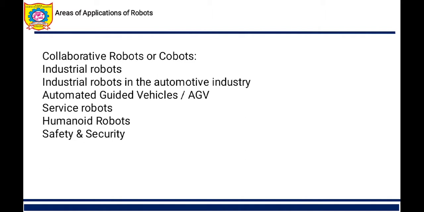Next, we have service robots. Talking about service robots, we have domestic robots, like robots which can help you with lawn mowing, vacuum cleaning, window cleaning, household chores. Instead of maids, people can hire these robots. Security: looking after your house whether you're in the house or not. Hospitality: to serve food and beverages.